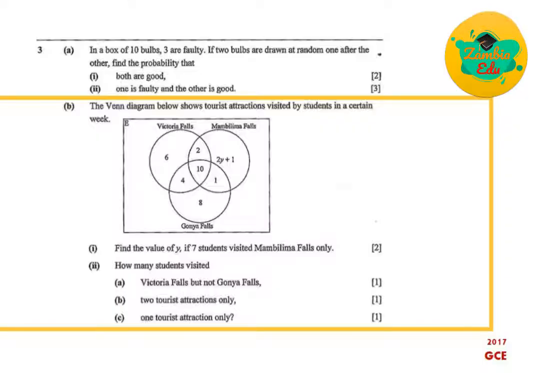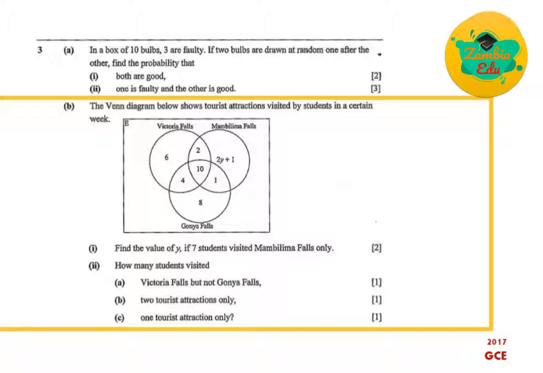Okay, now we are dealing with Mathematics 2017 Paper 2 GCE, question 3b. And the question reads, and I'm now reading the question. The Venn diagram below shows tourist attractions visited by certain students in a certain week.